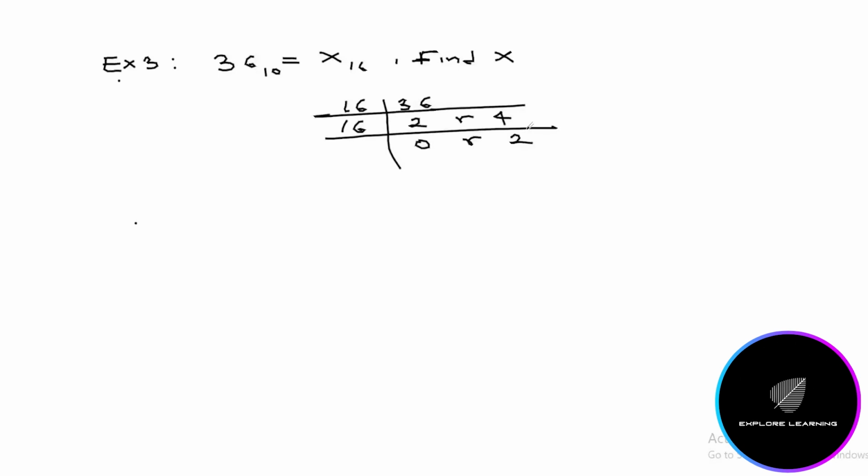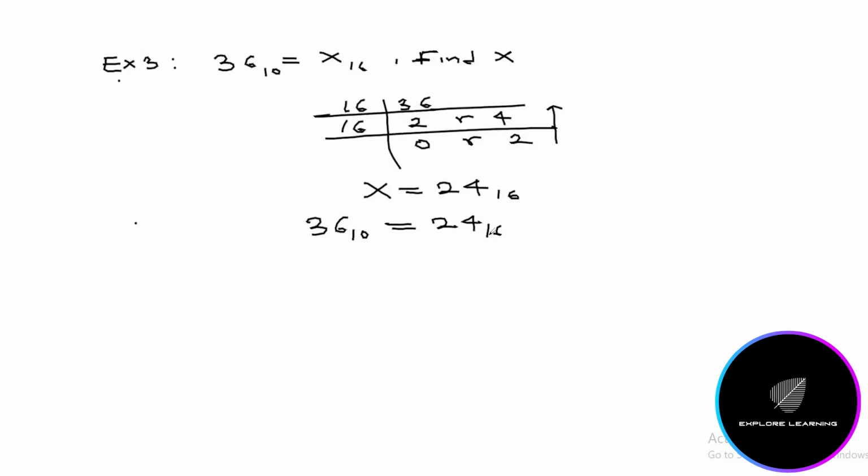Since the final result is 0, we have to stop the division rounds. So we consider the remainders from bottom to top. Therefore, x will be equal to 24 base 16. So we can say that 36 base 10 is equal to 24 base 16.